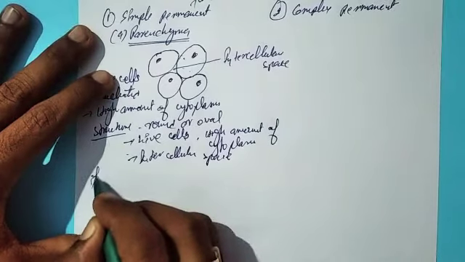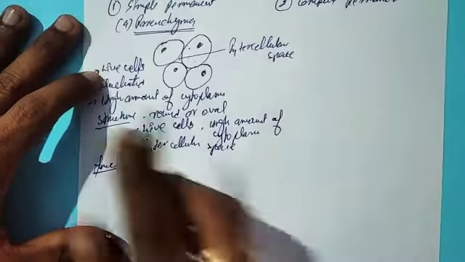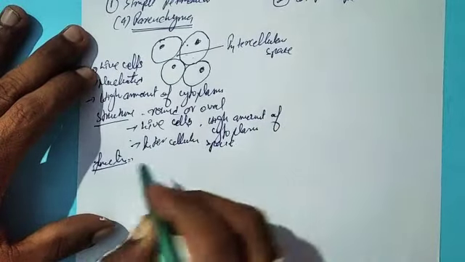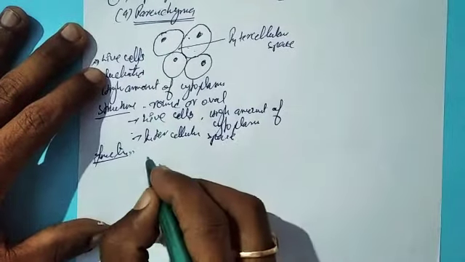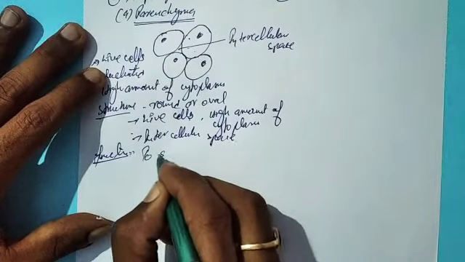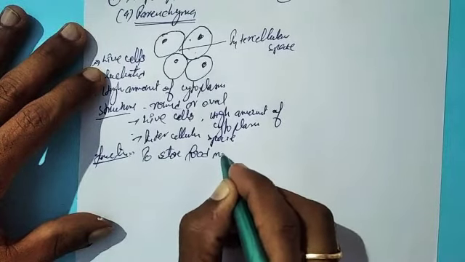And what is the function of parenchyma tissue? The main function of the parenchyma tissue is to store food material.